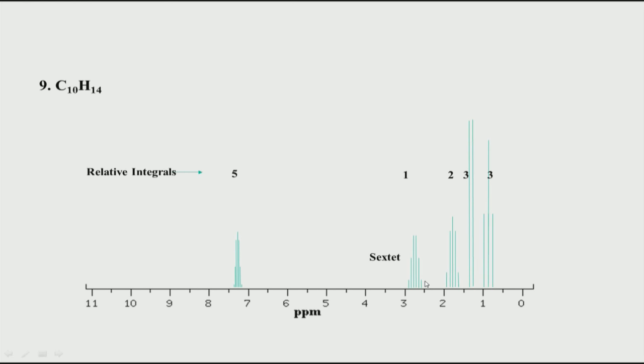Remember, a sextet can possibly come if you have a CH which is sandwiched between a CH2 and a CH3, because only then is this hydrogen coupled to these 5. So 5 plus 1, 6 peaks. That is what you would expect for a sextet. So this is how we can think about it.